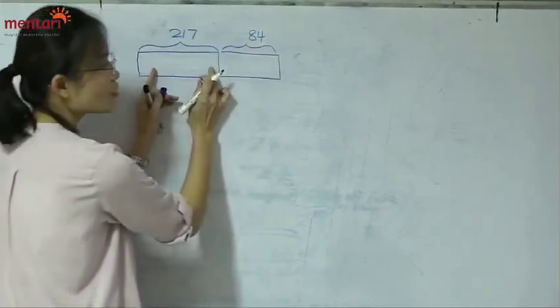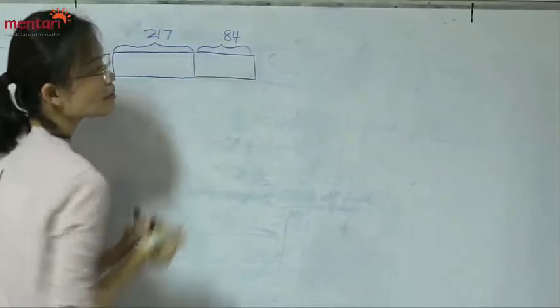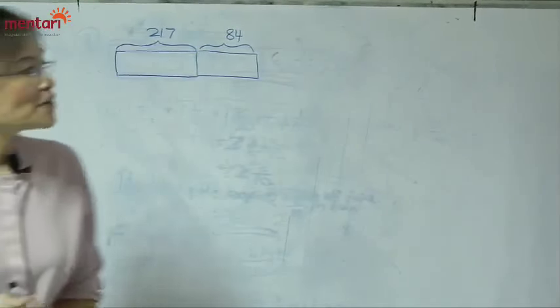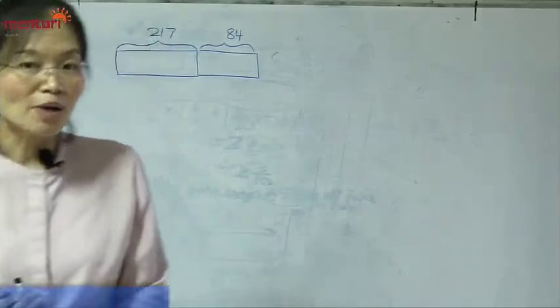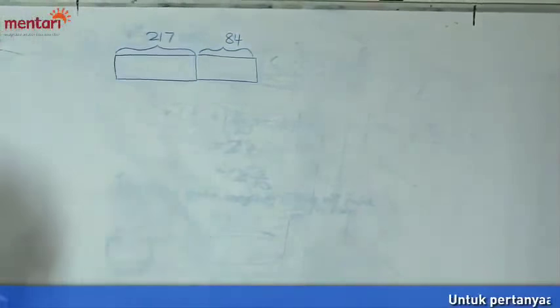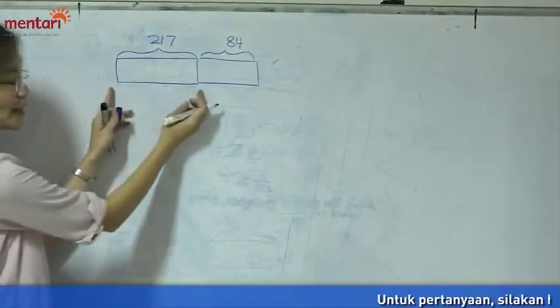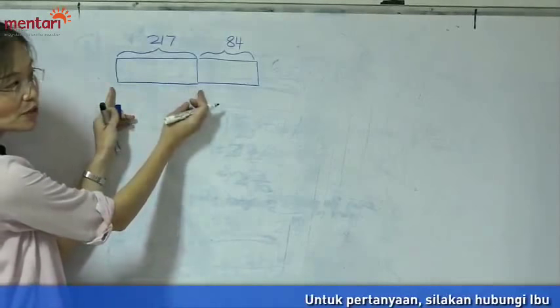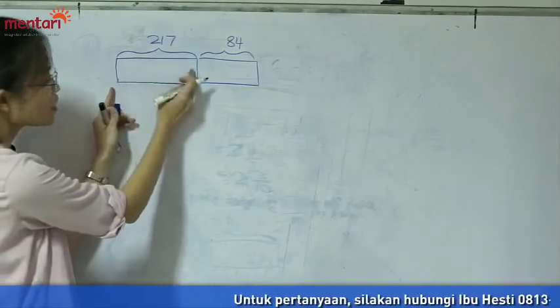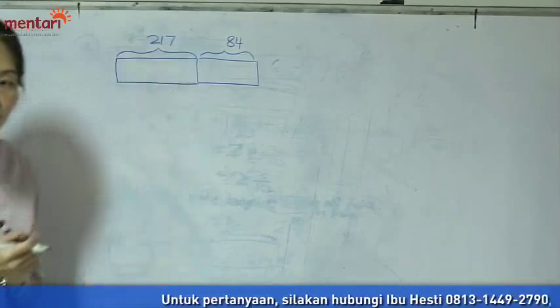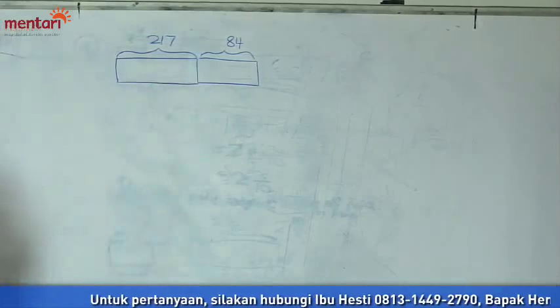You know that this is children and this is adults, right? 5/7 of the children in the library were boys. Now, which one is the children? This part. And if you see 5/7 of the children, how do we show 5/7 of the children?